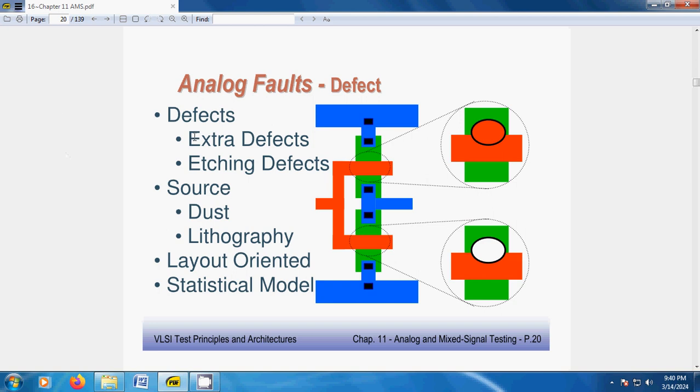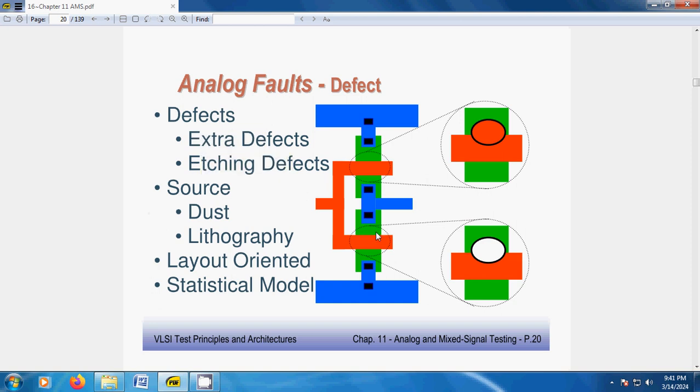Extra defect means, for example in this case, an extra amount of material overlap between two different layers. The second one is etching defects. During etching, a particular layer can be taken out completely. Other sources may be dust or lithography.